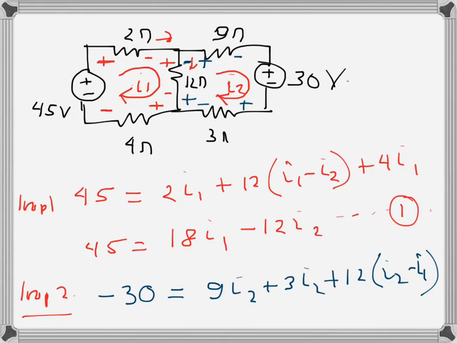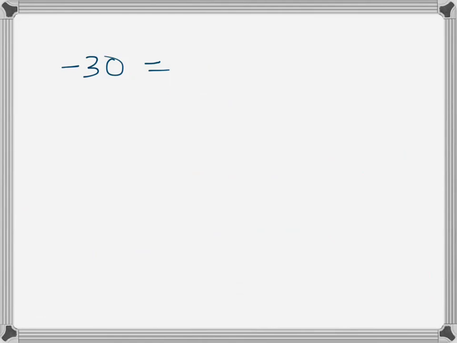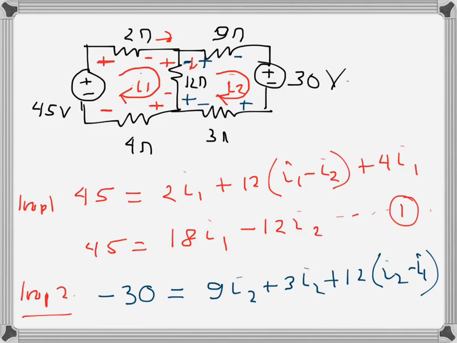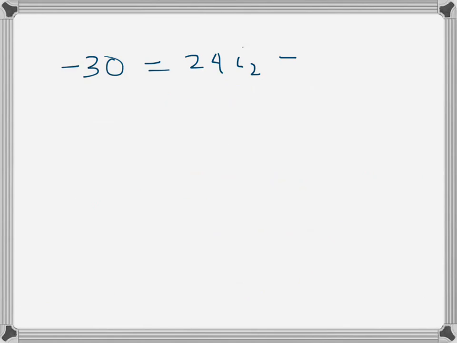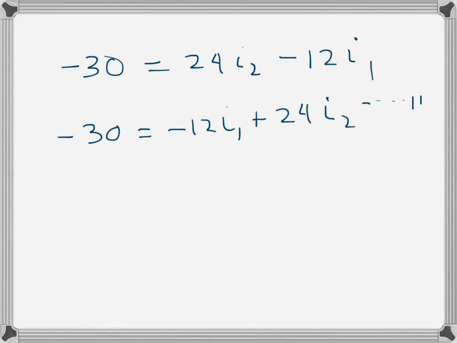Then 9 plus 3 plus 12 is 24I2, so minus 12I1 plus 24I2 equals minus 30. So this is equation 2.